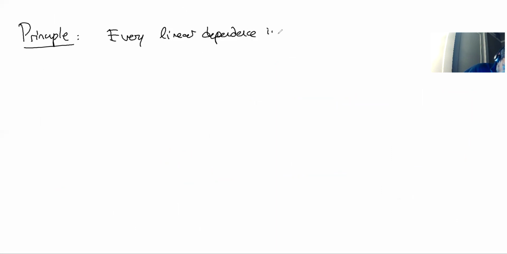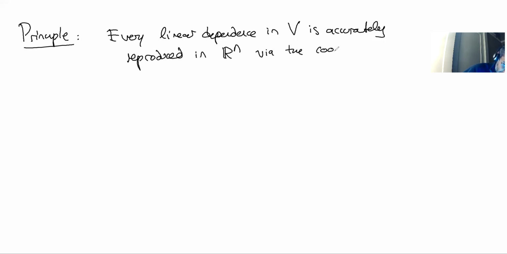So let me just write the principle. Every linear dependence in V is accurately reproduced in Rn via the coordinate mapping. And vice versa.